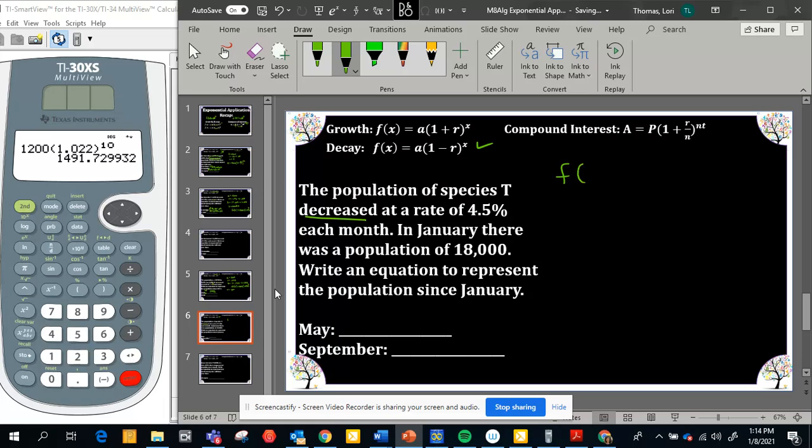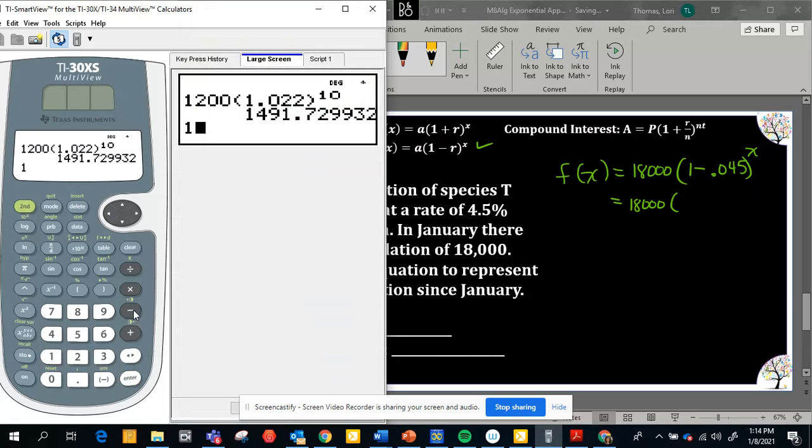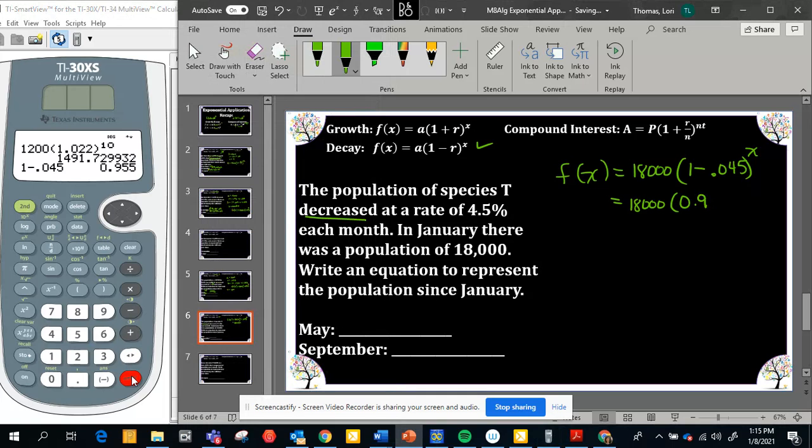So we have f of x equals our 18,000, and then it's going to be 1 minus 0.045 raised to the x, and x is representing months. So we have 18,000, and then we're going to subtract. So we have 1 minus 0.045, and that gives us a B factor of 0.955 raised to the x.